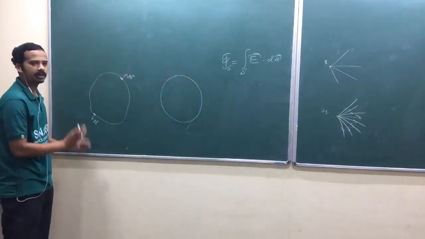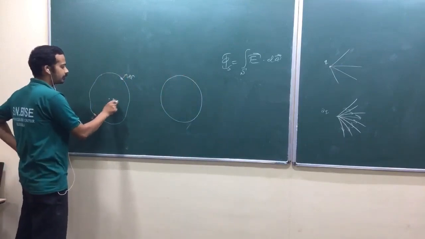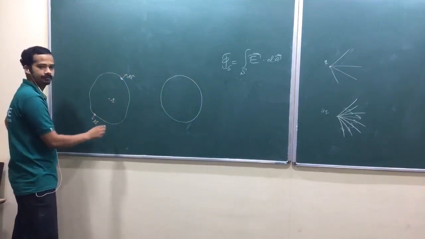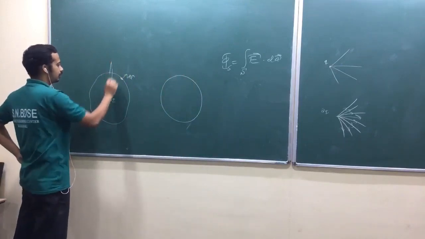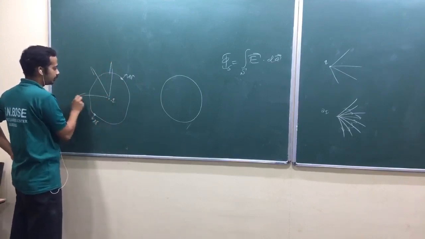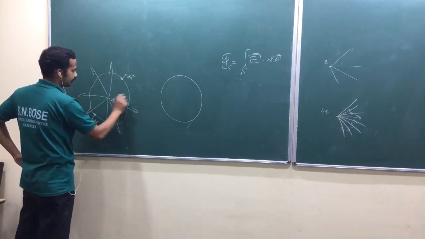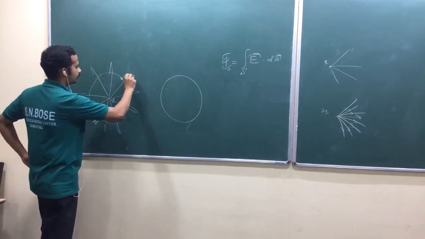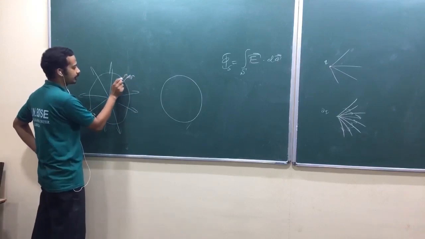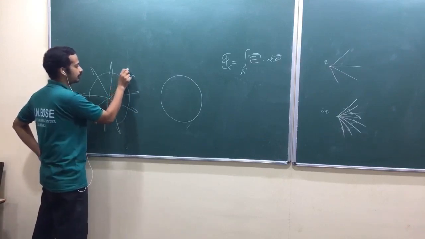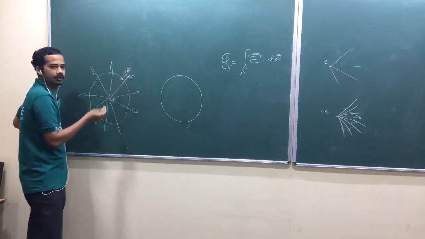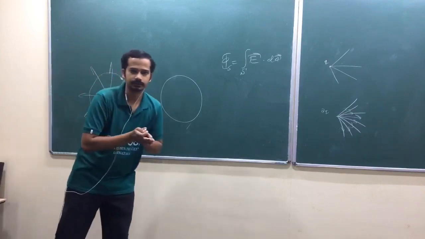Look at here. Let me take the simplest example. Suppose I have a charge plus Q here. Now obviously the electric field lines are going like this. Am I right? Now if you take a dA vector and take the dot product with the electric field, what would you get? That's an acute angle. You will get positive.